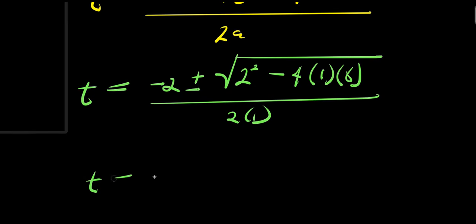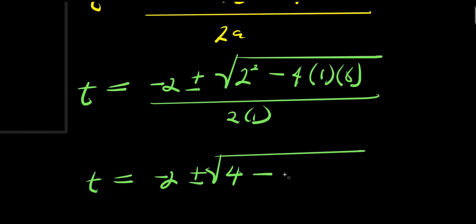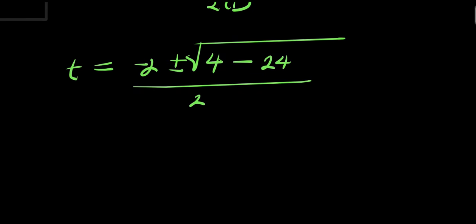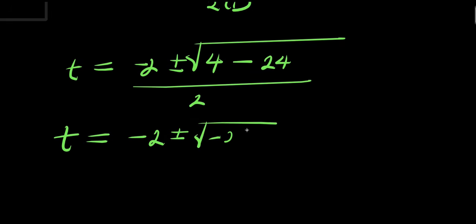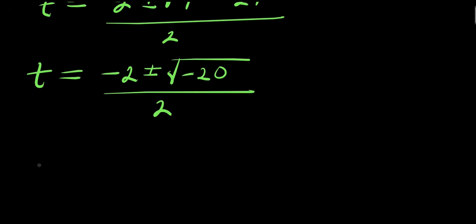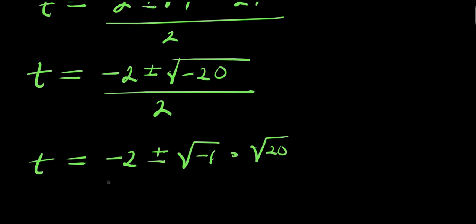From here, I have t equals negative 2 plus or minus square root of this is 4 minus this is 24, that is minus 20, divided by 2. From here, you have t equals negative 2 plus or minus, there is minus here, square root of negative 1 times square root of 20, divided by 2.